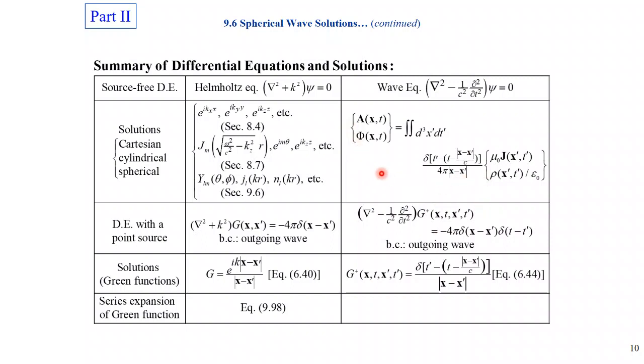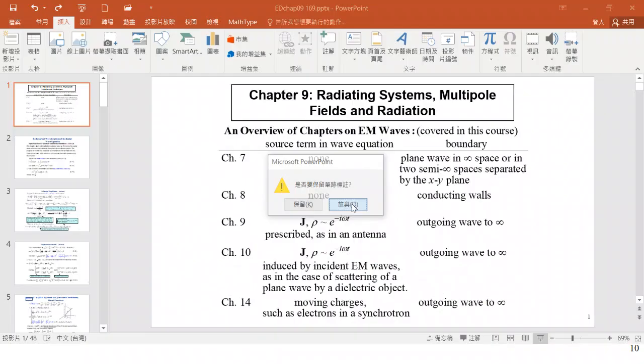I don't want to derive this equation again for you, but if possible, you can check your lecture notes. It is in the last semester, 6.44. Maybe I should double check. Give up.